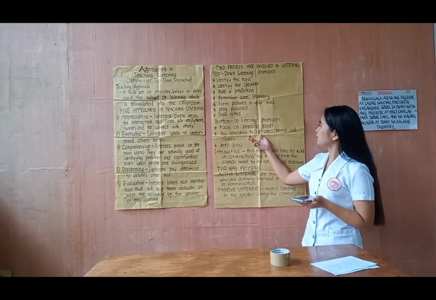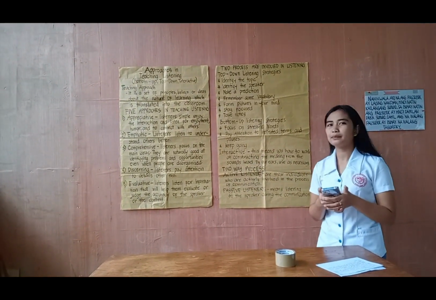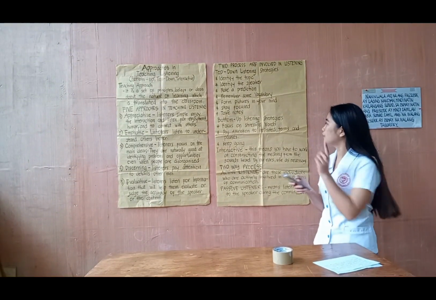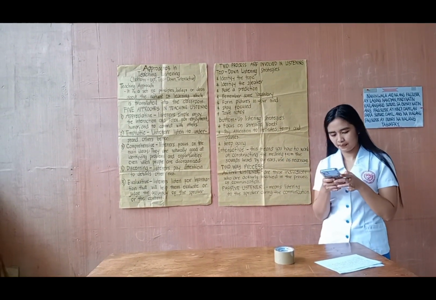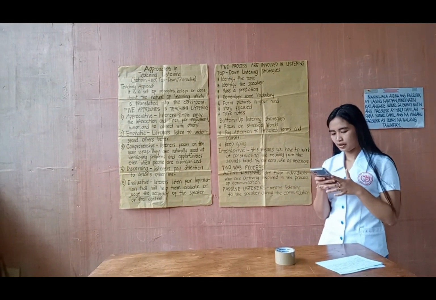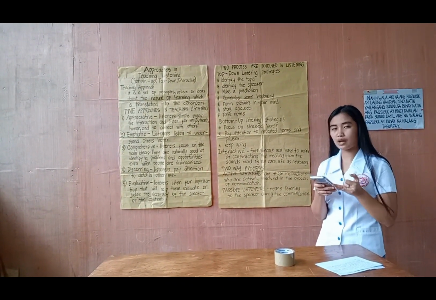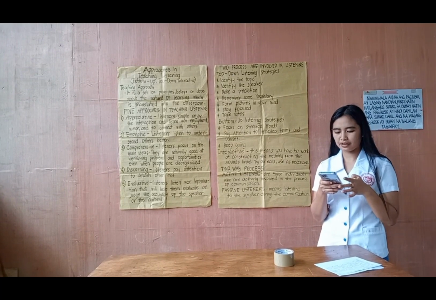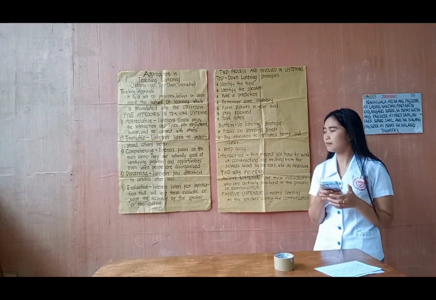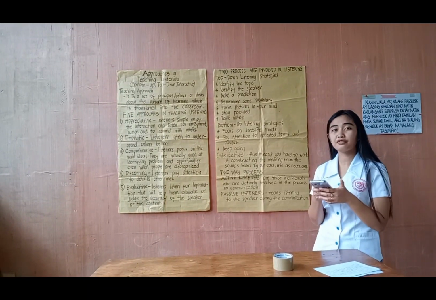And these are the strategies of bottom-up listening. Focus on stressed words. Listen for longer, louder words, usually verbs, nouns, adjectives, and adverbs. These words carry the most important information.